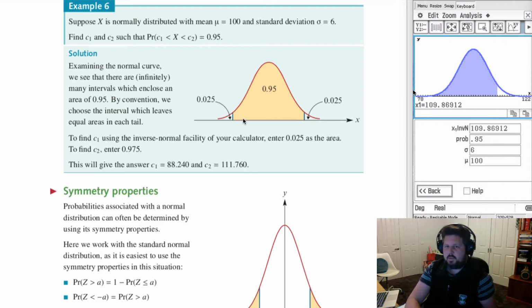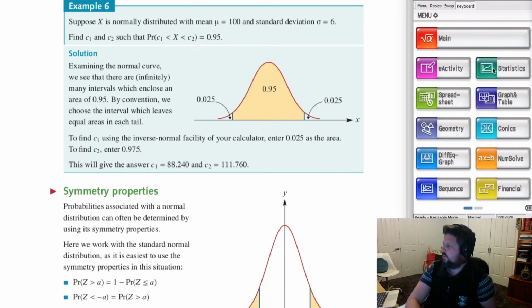Now, there's a few ways in which you go about it. This textbook says you could use your calculator and go from the left and find out what's happening at 0.025, and then also find out what's happening at 0.975. So this here, the 95 plus this part added on to get the values. I believe because this is symmetrical and it's in the center, the easier way of doing this is probably as follows.